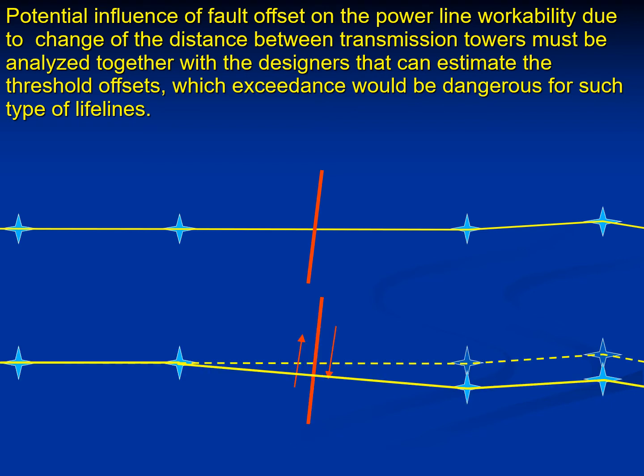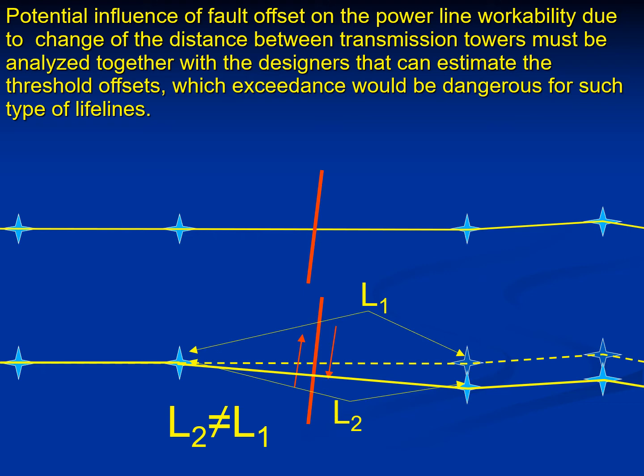For example, if a fault motion occurs, the length of the section between transmission towers might change, and how it will affect the forces affecting the wires, we geologists cannot say.